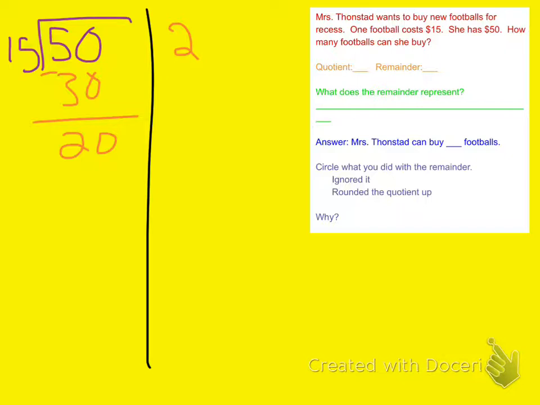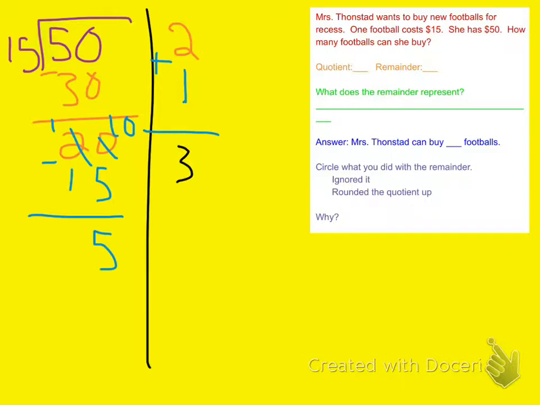Okay, my next step is to figure out how many times 15 can go into 20, which is 1. 1 times 15 is 15. Subtract that. I'm left with 5. Over on the right side, I'm going to add 2 plus 1 equals 3. My remainder is down here, so it's 3, remainder 5.